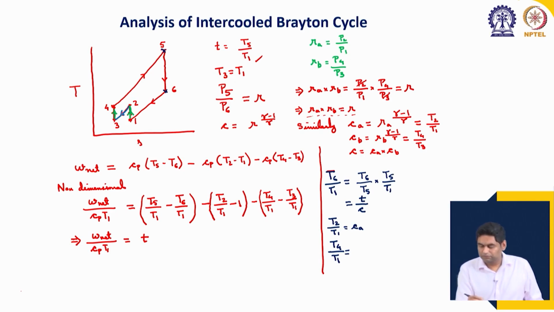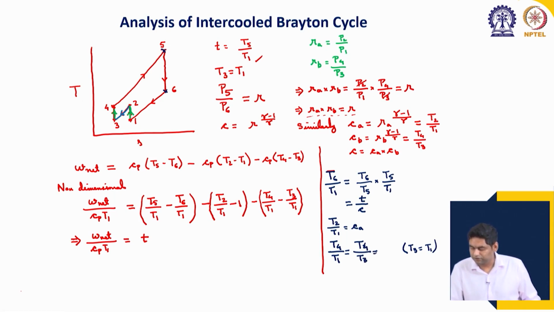Because T1 is equal to T3, T4 by T1 equals T4 by T3, and we know that T4 by T3 is equal to Cb. Okay. So, we get this ratio as Cb, and then finally, T3 by T1 which should be equal to 1.